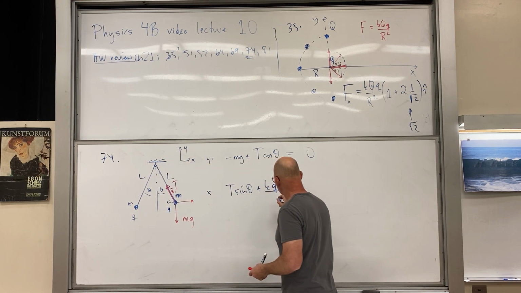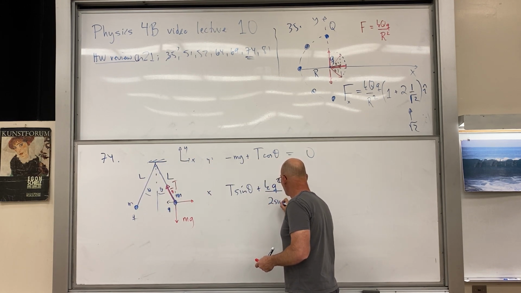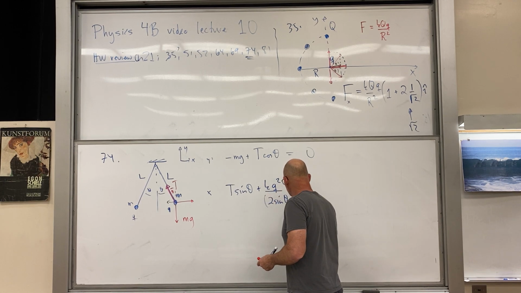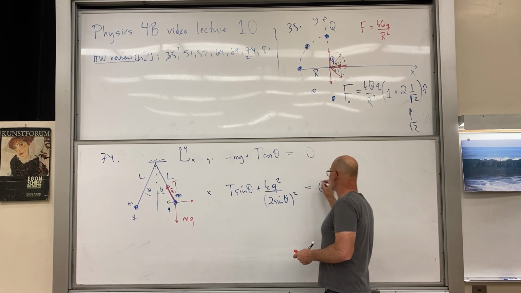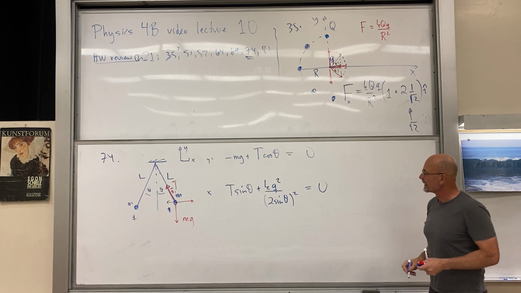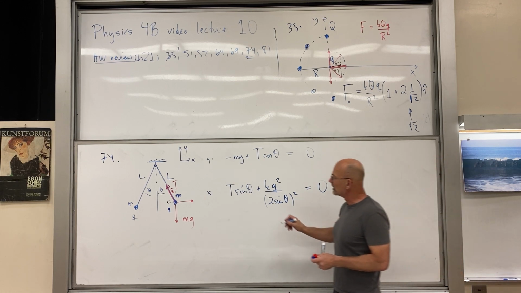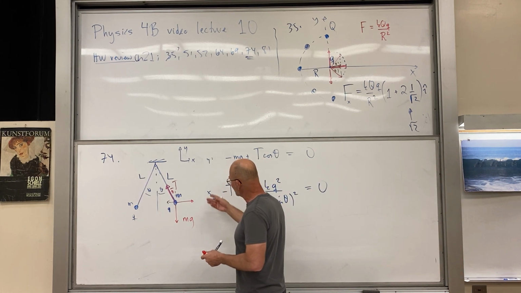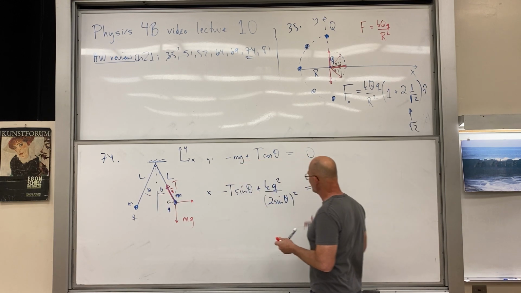That separation distance is 2 sine theta, and we have to square that, so that equals 0. And this one must have had a minus sign because it's pointing to the left, so not a plus sign.